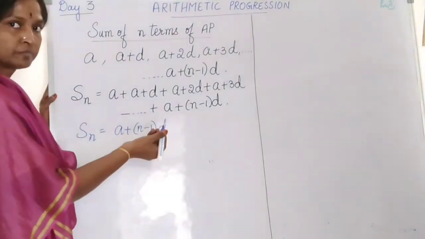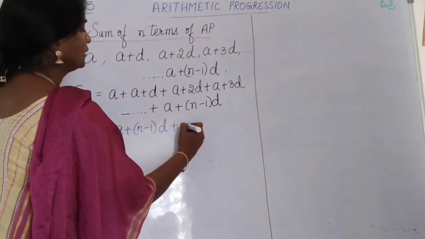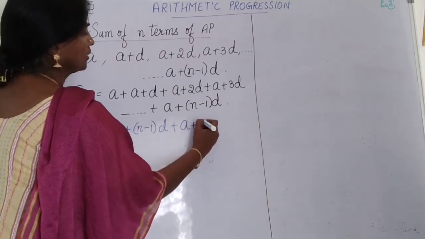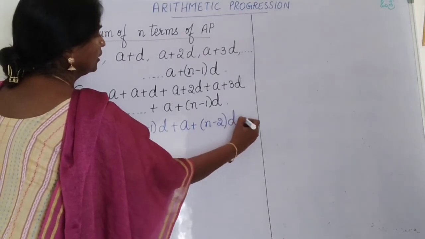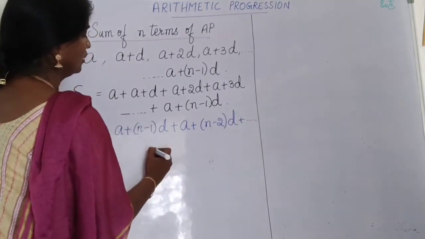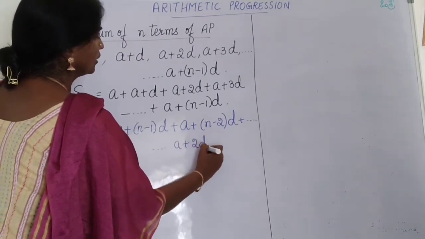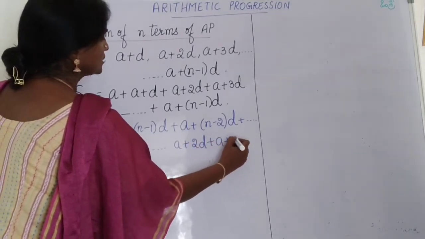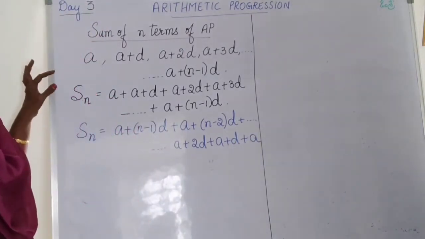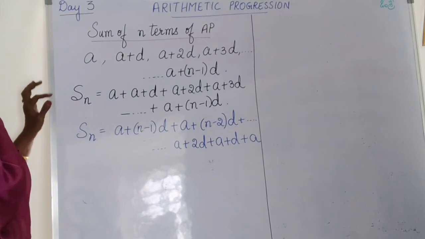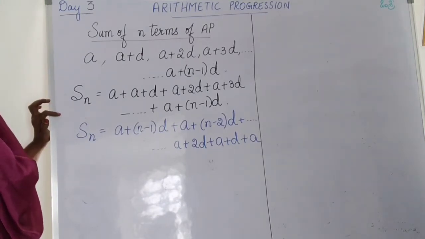Then another term will be a plus n minus 2 into d, plus and so on. It will go as a plus 2d plus a plus d plus a. So I am just rewriting this one. Why? Let's see why.